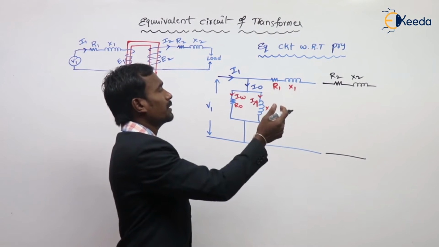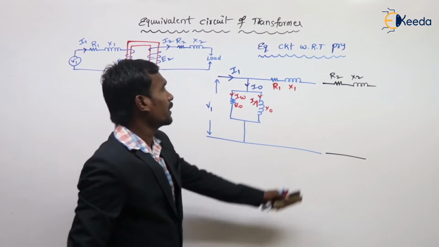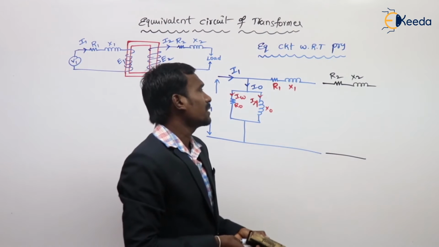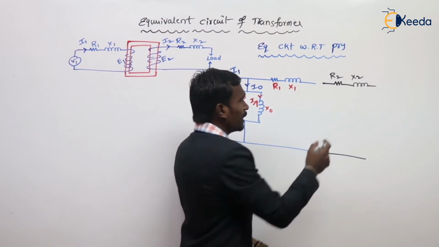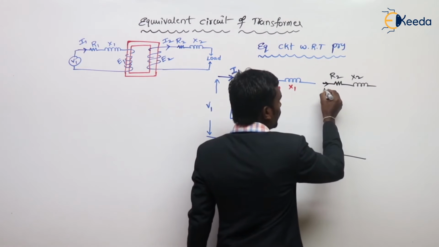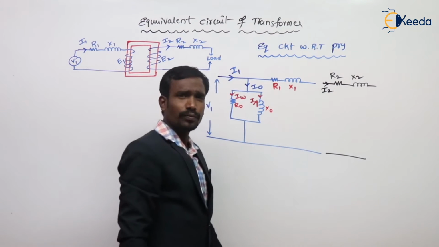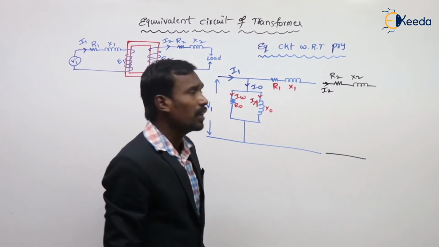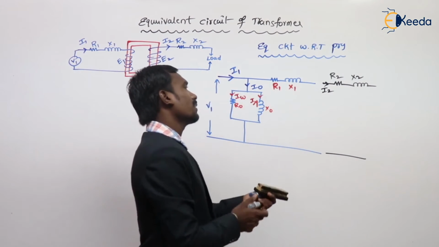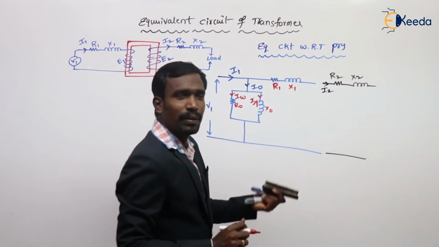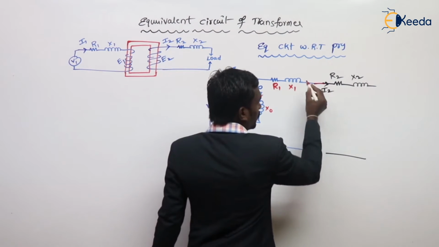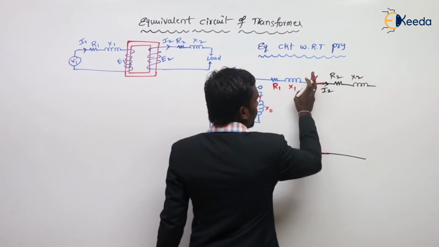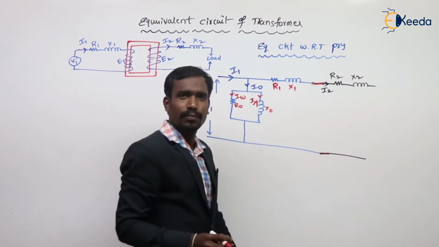The secondary parameters are transferred into the primary, then only it is called with respect to primary. So I am transferring the secondary parameters. Here the current is I2, and of course here the EMF E2, everything. Now I am transferring the secondary parameters into the primary, so the secondary circuit is combined with the primary.